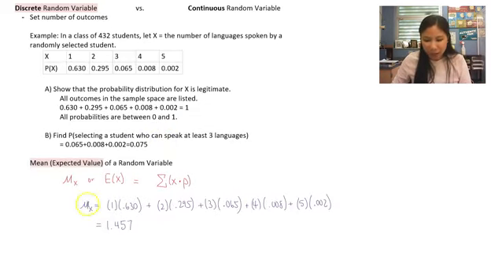So writing this out, this looks like this. I have the 1 times the probability of 0.63 plus 2 times the probability of 0.295, and so on. When I add all those together, I get 1.457. So the interpretation of this number sounds like this.